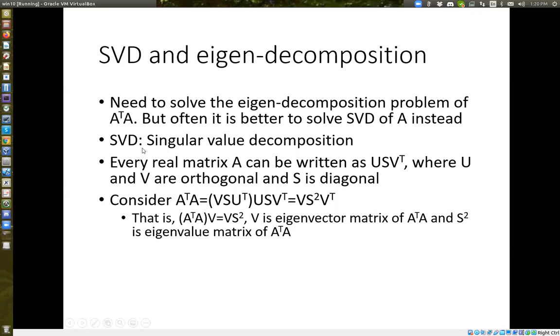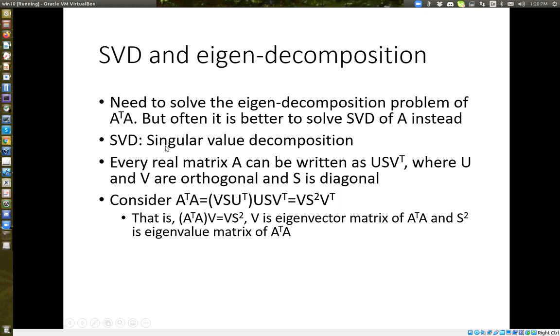This is not a linear algebra class, but just a quick word here: the eigenvector of A transpose A will be just a singular vector of A. So therefore we can solve for a singular vector of A instead.